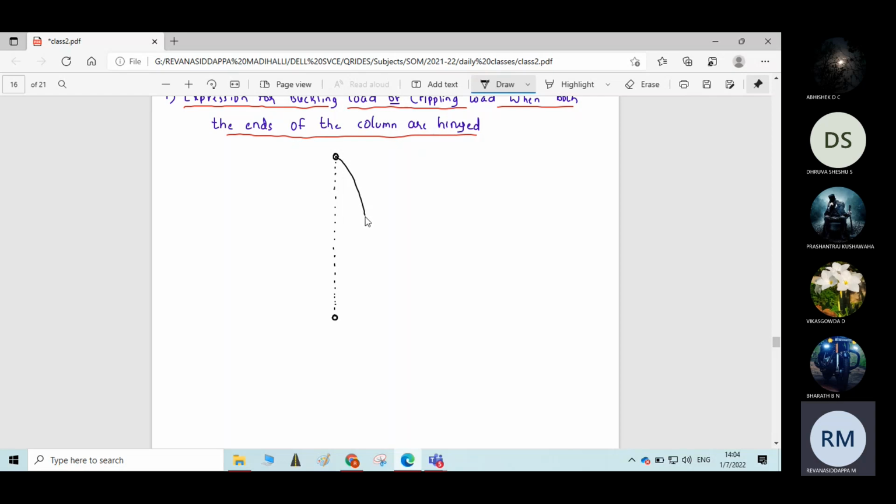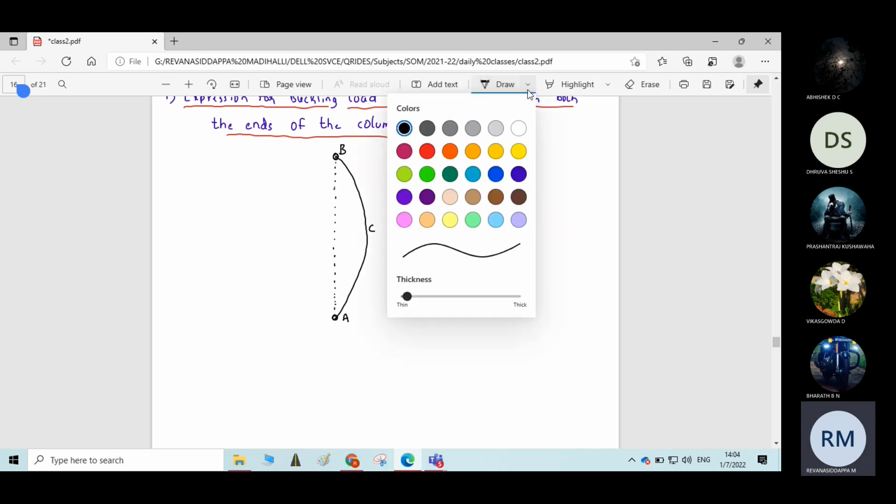The dotted line is the central line of the column, and the deflected shape is ACB. The curve ACB is the deflected shape of the column with both ends hinged.